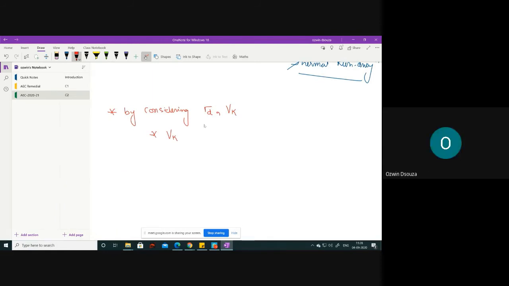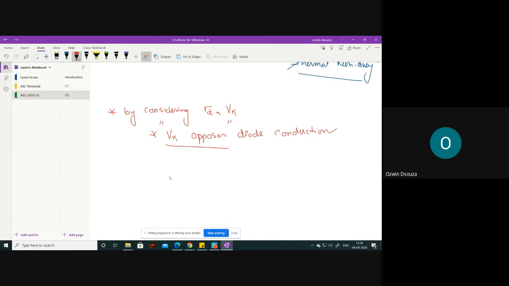The barrier potential is due to the depletion layer, right? So Vk opposes diode conduction. This is very, very important. You are not supposed to have any confusions in this. Always remember Vk opposes the diode conduction.